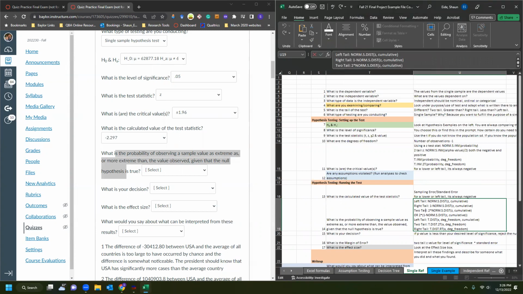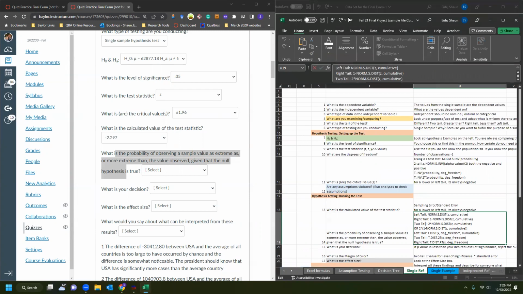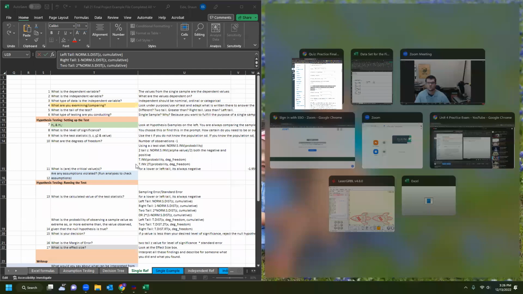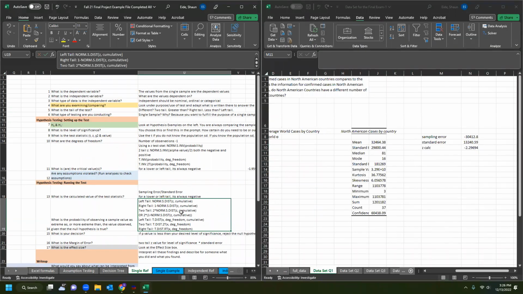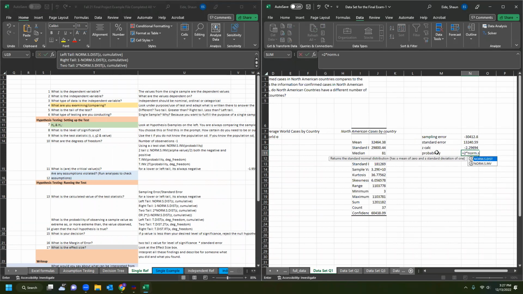So let's go ahead and do this. So what is the probability? And that's a two-tail probability, so we're going to do equals 2 multiplied by NORM.S.DIST, and then the z value, true.